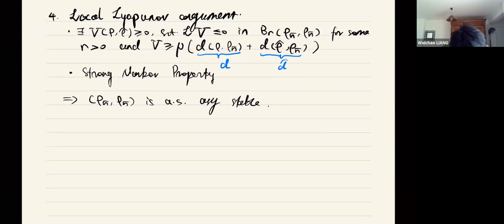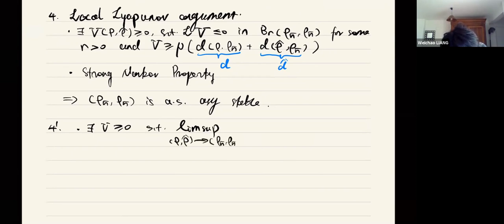And then if we have the Lyapunov function with the exponential property, which means the lim sup of LV over V is bounded by some negative constant, and the Lyapunov function is also equivalent to the distance.